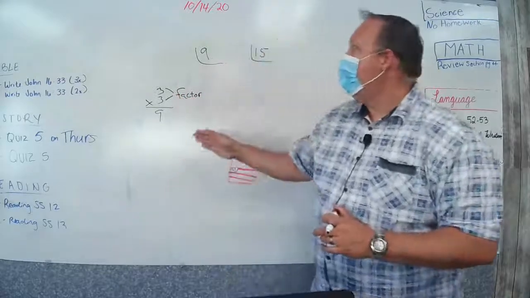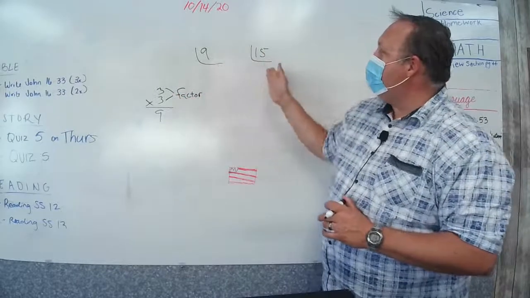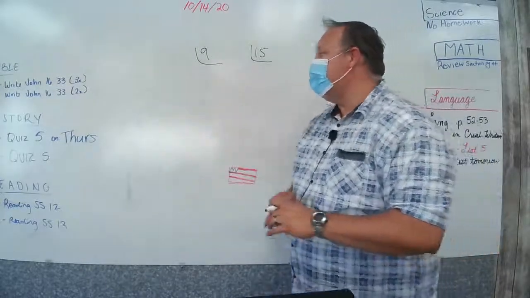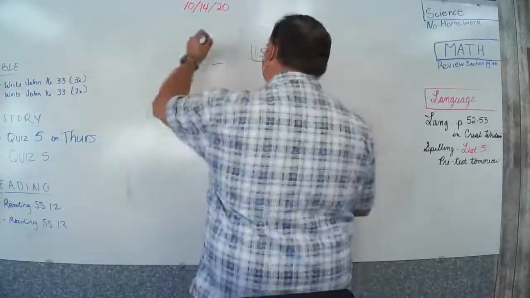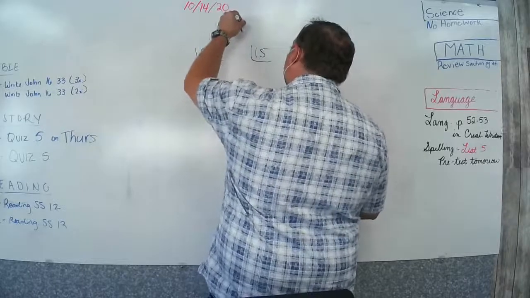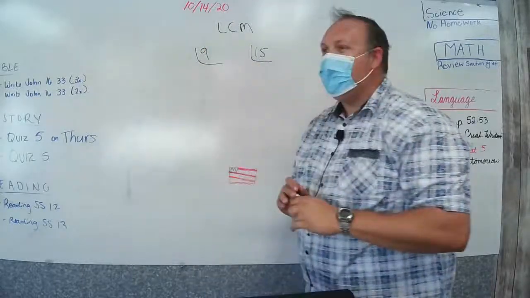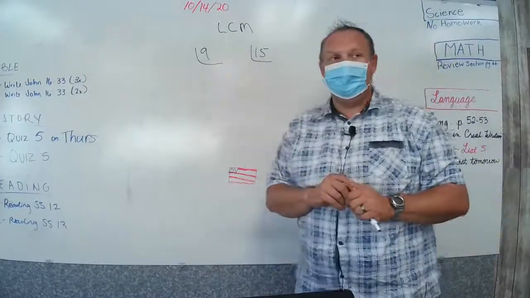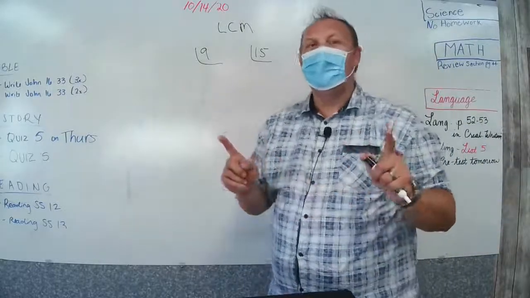So, if I have the numbers 9 and 15, and I want to find the least common multiple, or we call it the LCM, I want to know the smallest number that both 9 and 15 will go into. Here's the thing.